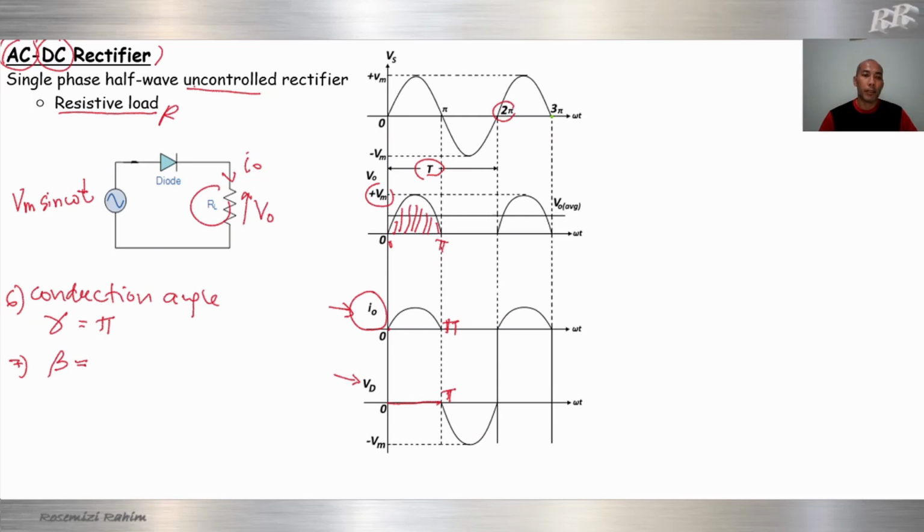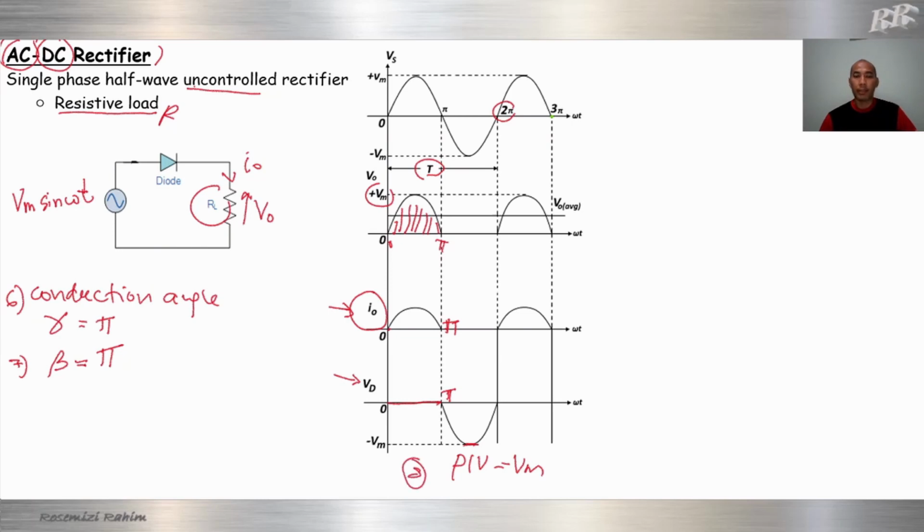It's equal to pi. This is number 7. Number 8 is PIV, peak inverse voltage. Peak inverse voltage is equal to Vm. This is number 8.